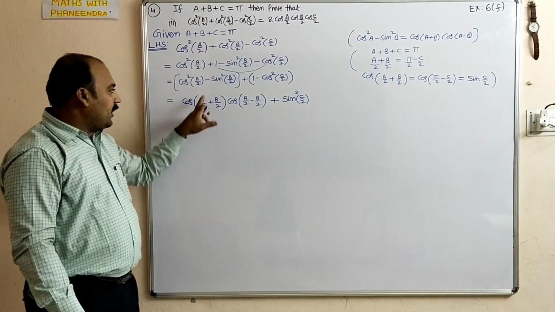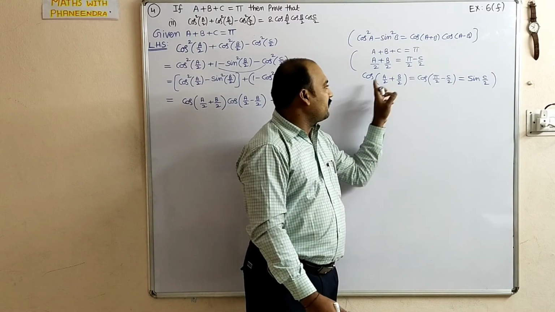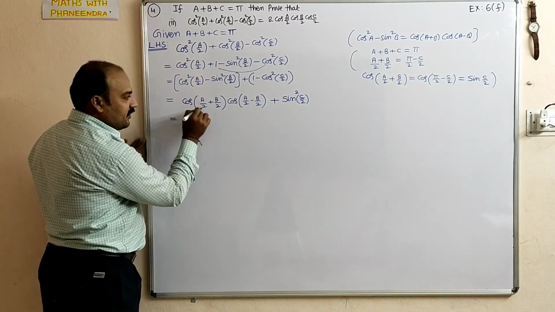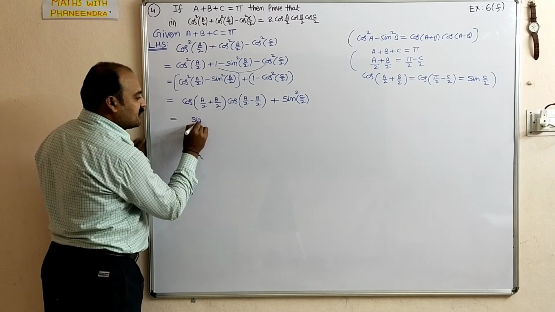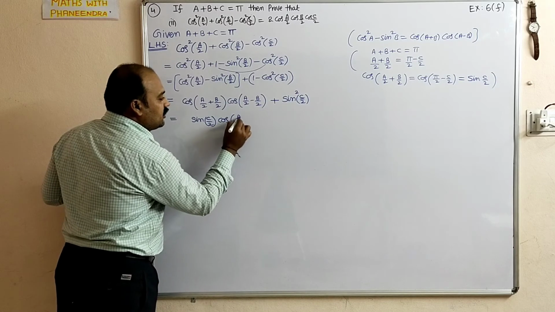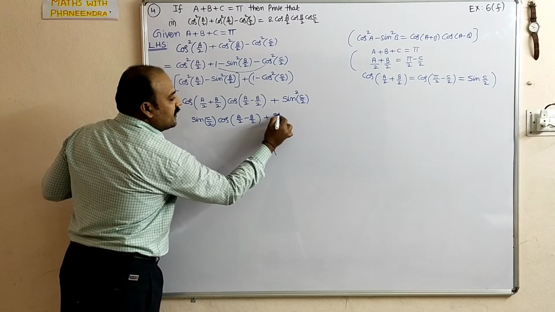Now cos of (A/2 plus B/2), in the previous question we discussed how it will come: it is sin C/2. So in place of it you have to write sin C/2 into cos of (A/2 minus B/2) plus sin square C/2.